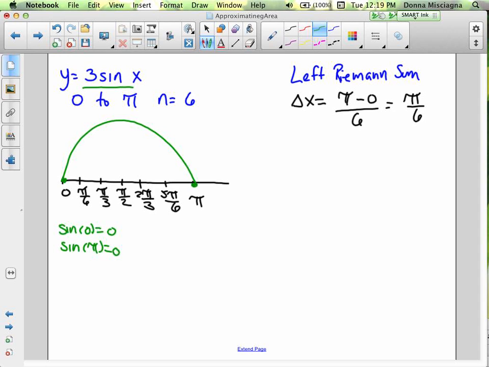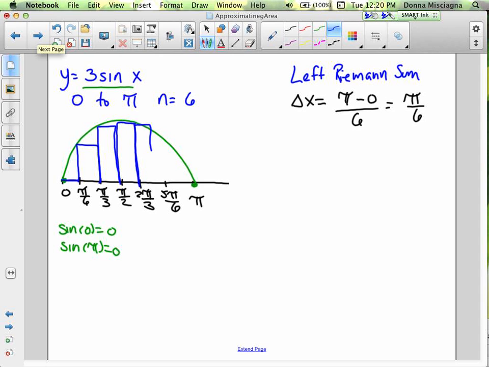Let's draw in our rectangles. So we're using the left side. So this is going to be the first one, with a height of 0 there. The second one is going to start at pi over 6. So when pi over 6 hits the curve, we stop. When pi thirds hits the curve, we stop. When pi halves hits the curve, when 2 pi thirds hits the curve.